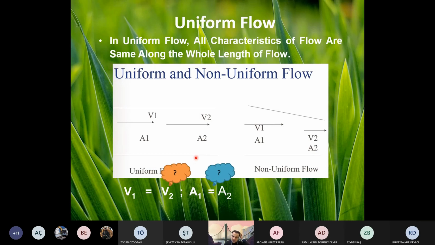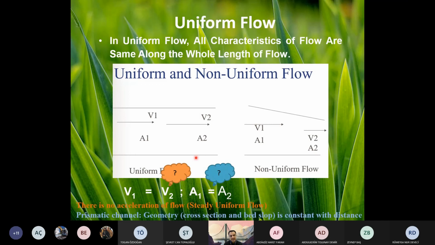So when we say A1 equals A2, what does it mean? Assume the cross-sectional area at upstream equals the cross-sectional area at downstream. What does it mean? You might not be able to answer, because when the cross-section is constant between 2 points, we say the channel is prismatic.